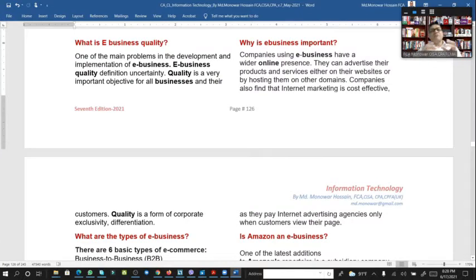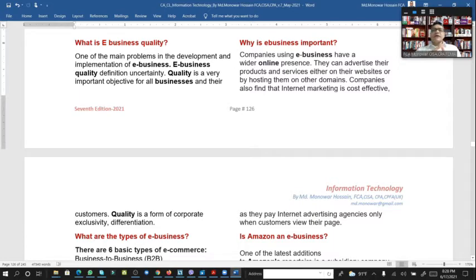E-business quality is one of the main problems in the development and implementation of e-business, because quality is defined by uncertainty. Quality is a very important objective for all businesses and their customers. Why is e-business important? Because companies using e-business have a wider online reach.